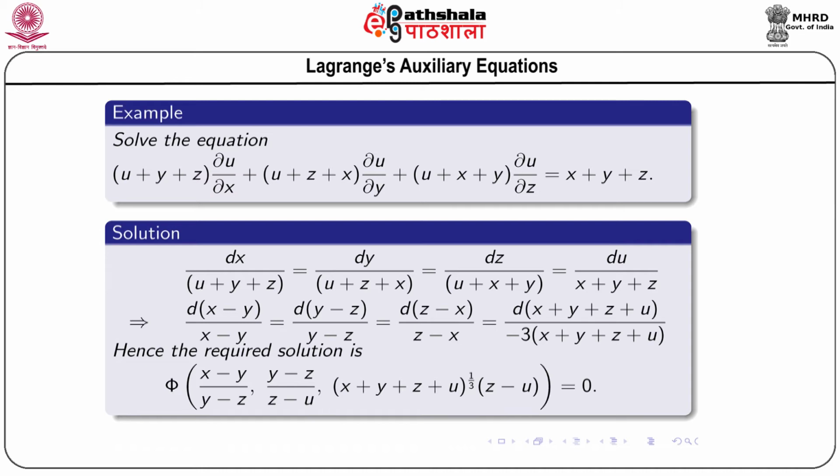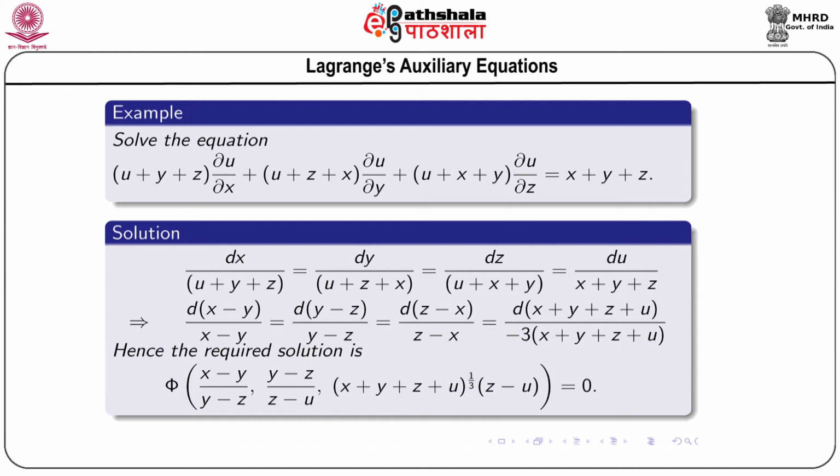The corresponding Lagrange auxiliary equation is dx/(u + y + z), this is the coefficient of ∂u/∂x, dy/(u + z + x), this is the coefficient of ∂u/∂y, and dz/(u + x + y), this is the coefficient of ∂u/∂z, equals du/(x + y + z).